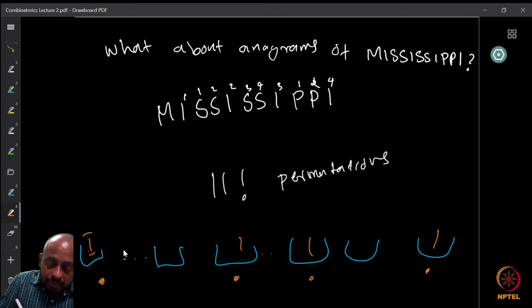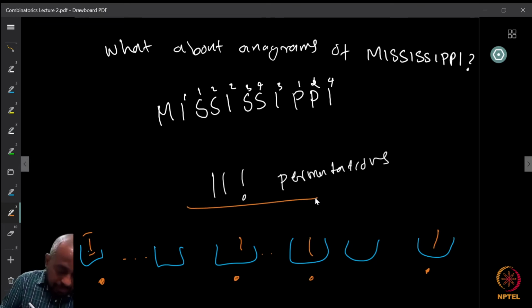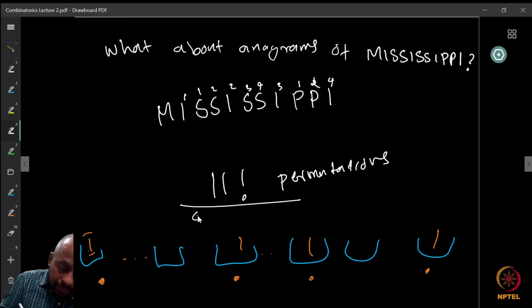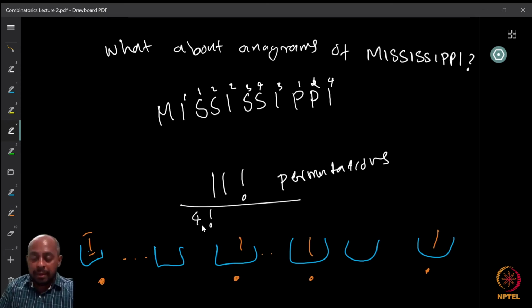So I have to divide this 11 factorial by 4 factorial to compensate for the fact that I overcounted all the permutations of I's in 24 different ways. So I overcounted them 4 factorial many ways.